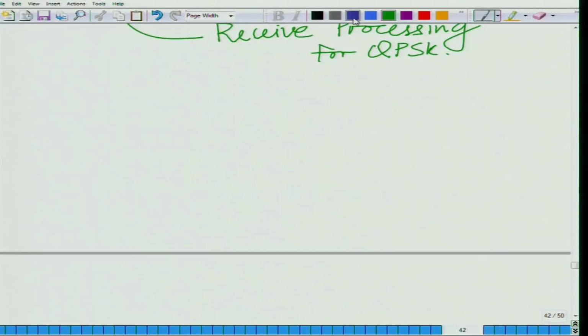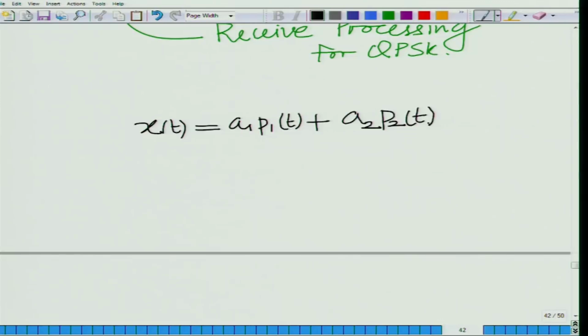And what we have seen is that for QPSK we have x(t) equals A1 P1(t) plus A2 P2(t). A1 and A2, these are independent symbols, that is the whole premise of QPSK.